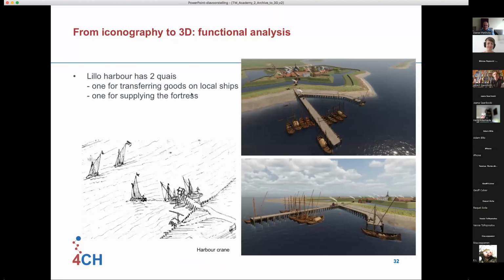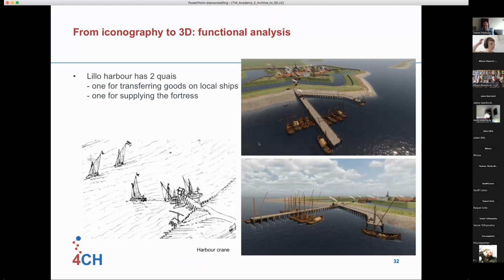Right. So functional analysis is simply looking and trying to understand how things work and why things are the way they are. So, for example, if you see Lillo, you see that it has a harbor, but a harbor with 2 quays. Why does it have 2 quays? Well, it in fact has 2 functions.